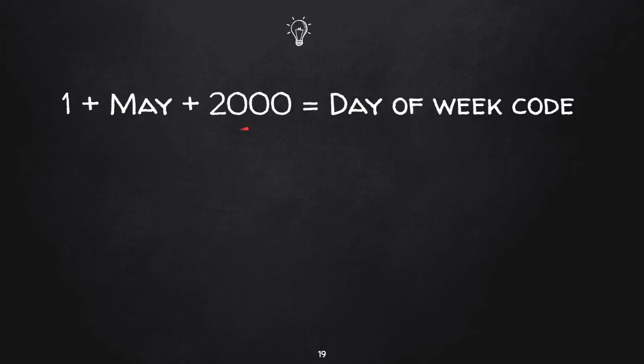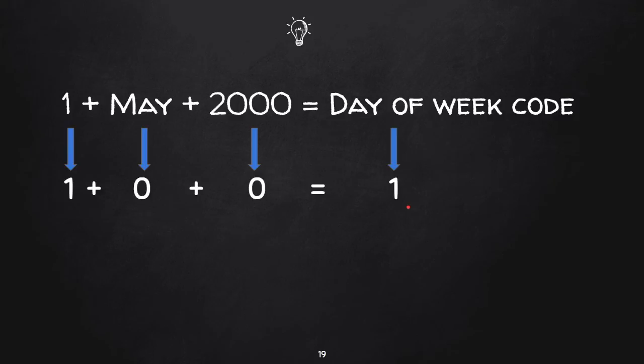And the code for the year 2000 is 0, which we have already memorized in our previous lecture. So this problem can be simplified as 1 plus 0 plus 0, which is simply equal to 1. And we get the day of the week code.